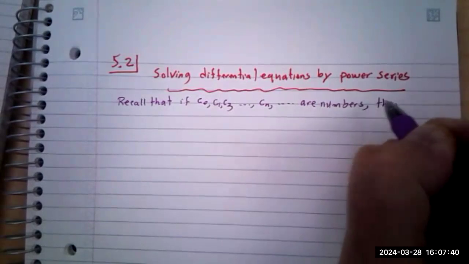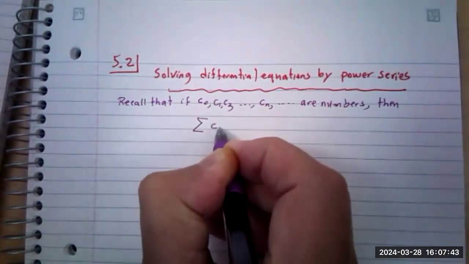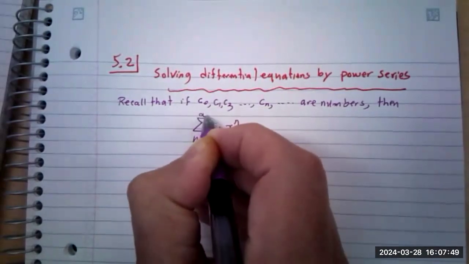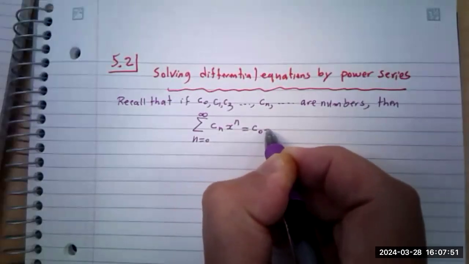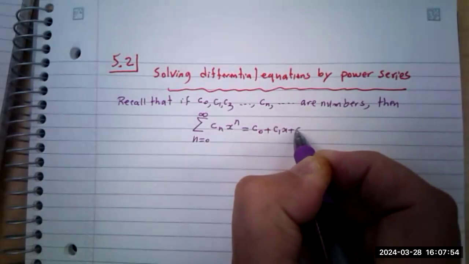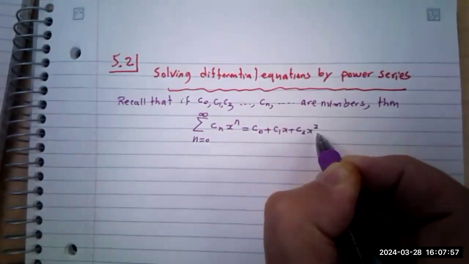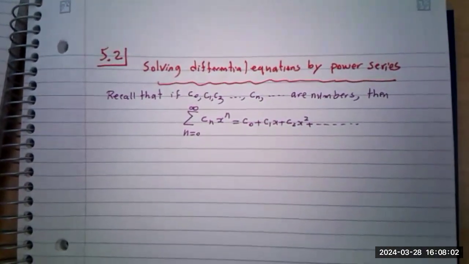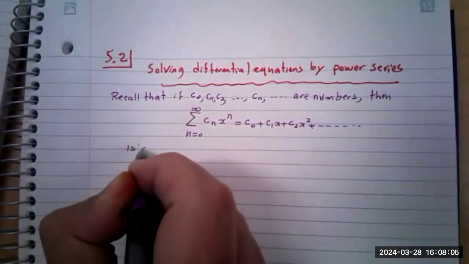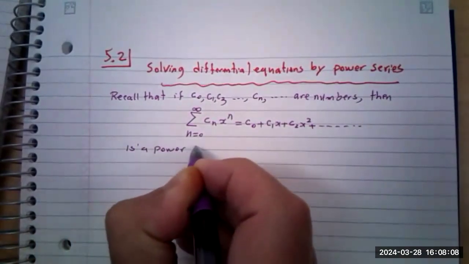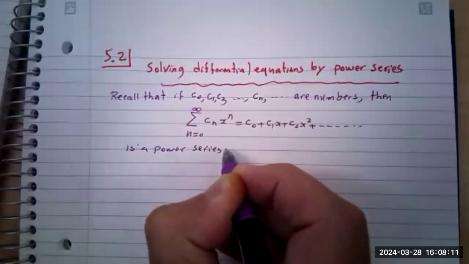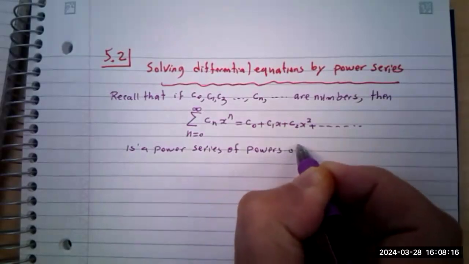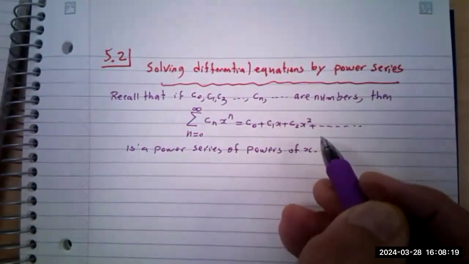Then this expression, sigma of Cn x to the n from 0 to infinity, which is going to be C0 plus C1x plus C2x squared, just continue forever. You know that this is going to be a power series of x, or of powers of x.